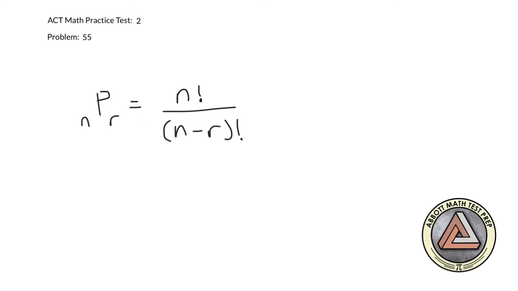But this is the permutation formula, and what this basically says is that this is the number of permutations of n objects taken r at a time.